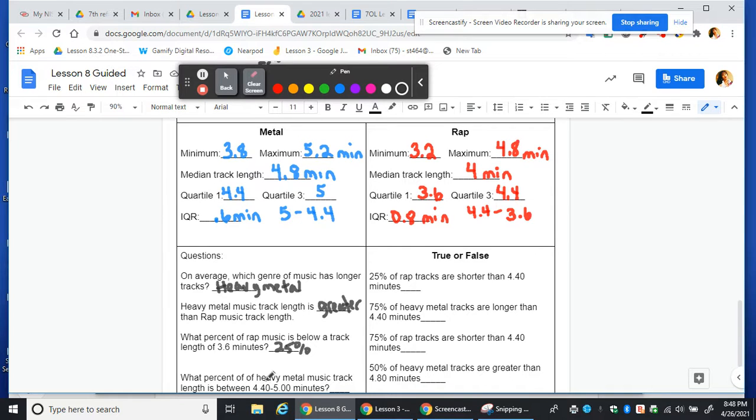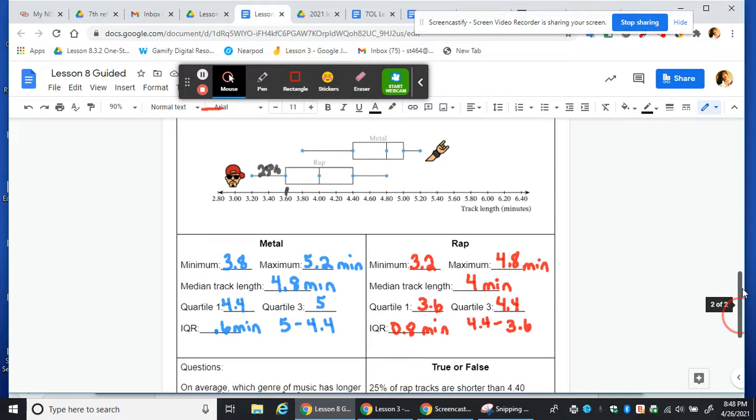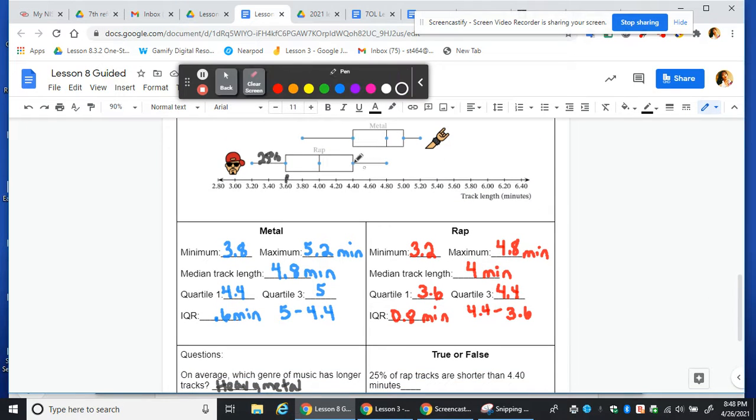What percent of heavy metal music track length is between 4.4 and 5 minutes? Looking at the heavy metal track, here is 4.4 and 5.